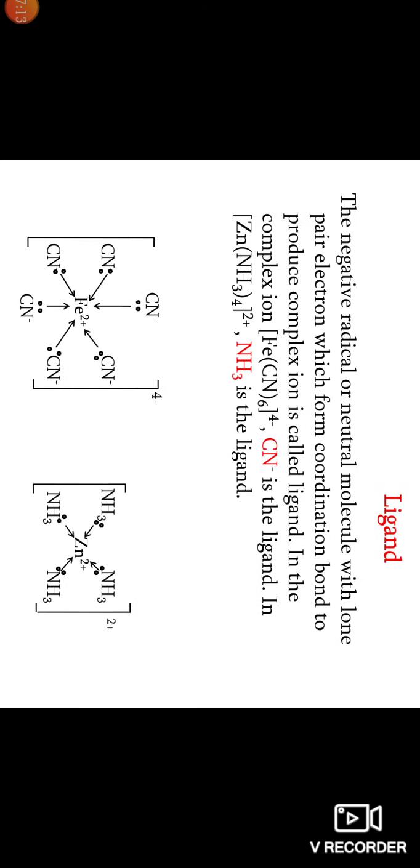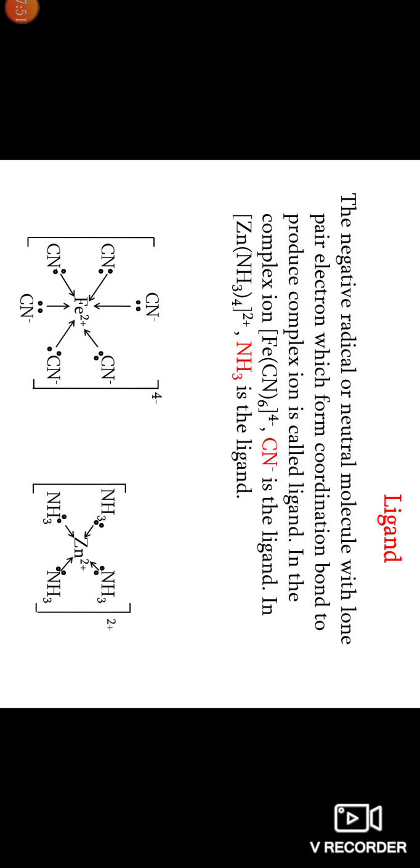Now, what is a ligand? In complex compound formation, the negative radical or neutral molecule with lone pair electrons which forms a coordination bond to produce a complex ion is called a ligand. Look at this, the neutral molecule, in this case ammonia, or negative radical, in this case cyanide, which forms a coordination bond, indicated by the arrow sign, with the central metal ion, is known as a ligand.